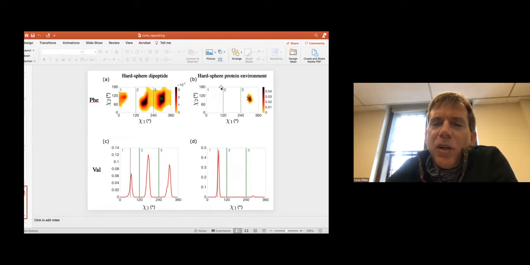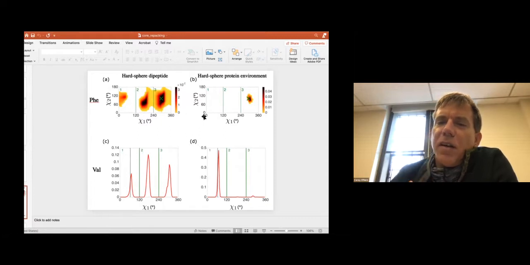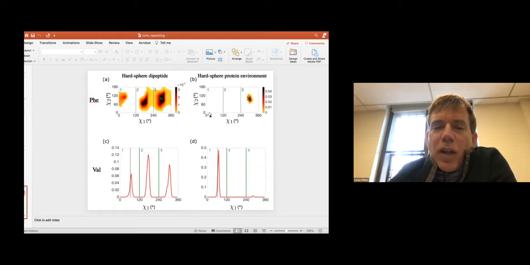But then when you look at the context of a particular structure, there's a particular rotamer, number 3, that is selected because that rotamer doesn't cause inter-residue atomic overlaps.